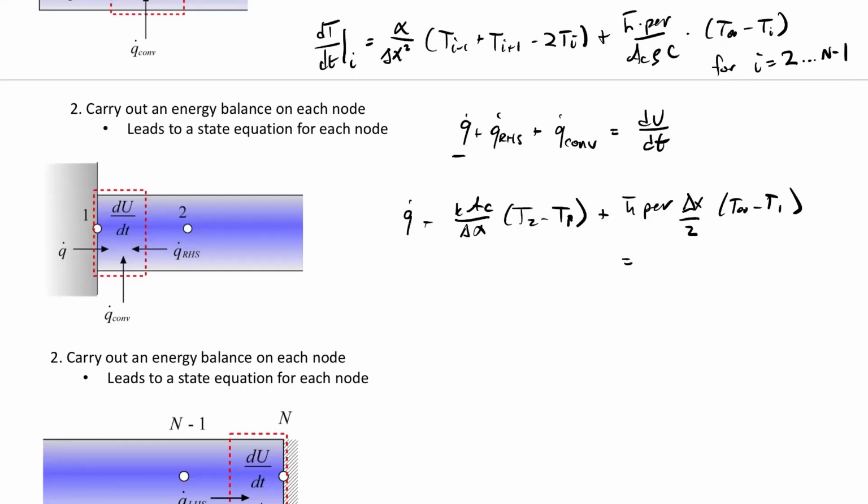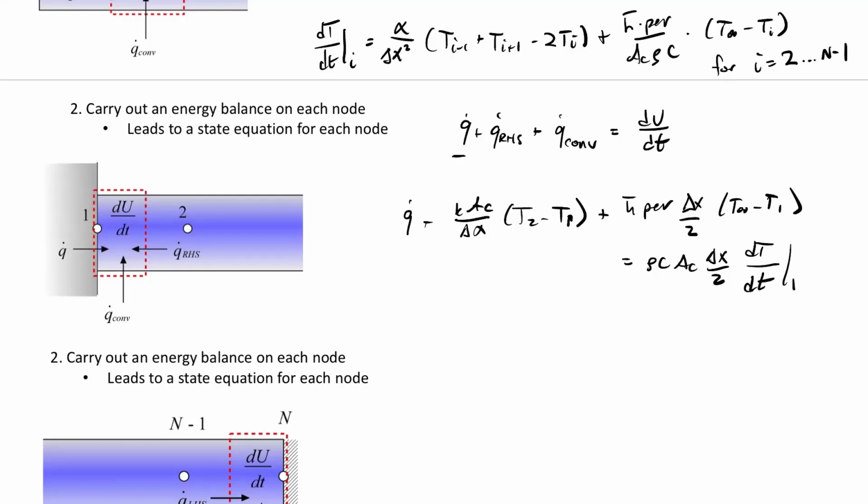And that has to equal dU/dt, which is rho C times the volume, which is Ac delta X over 2 again, don't forget that delta X over 2, times dT/dt evaluated at 1. So that's our second equation here.